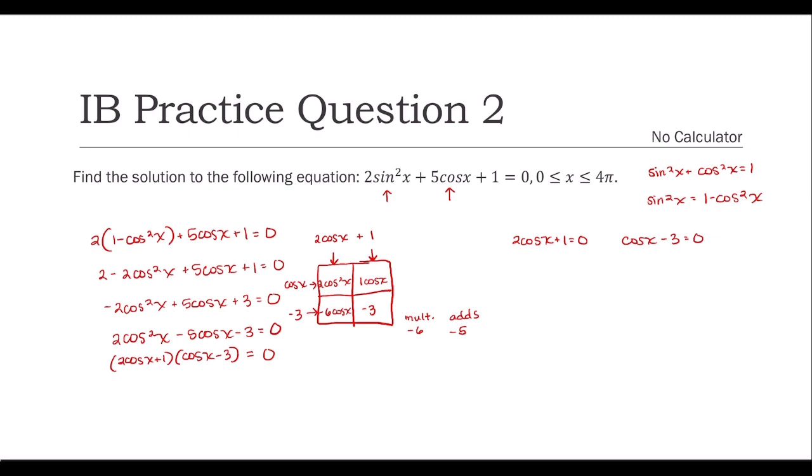So we'd subtract 1 from this one, so 2 cosine of x equals negative 1, and then we divide by 2 to get cosine of x equals negative 1/2. In our unit circle, our cosine is negative where x is negative, so it would be negative 1/2 at these angles here.